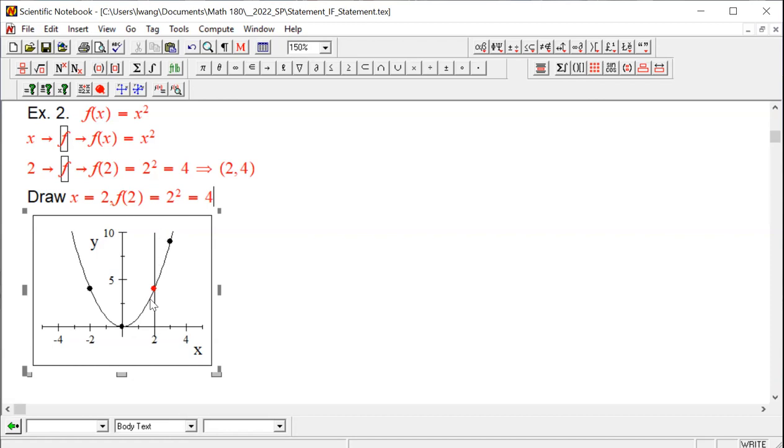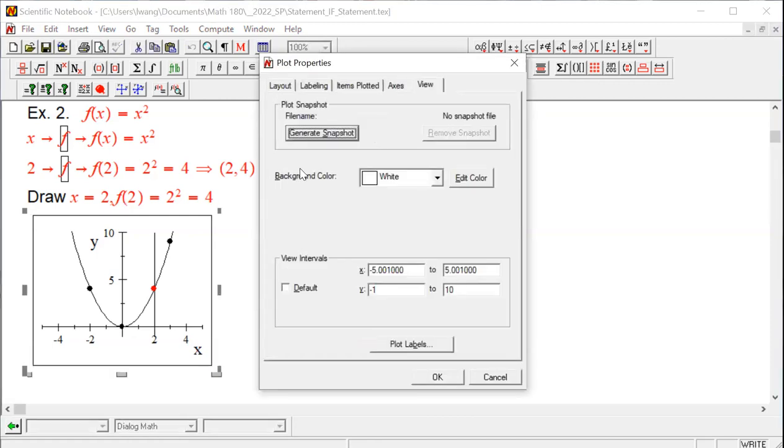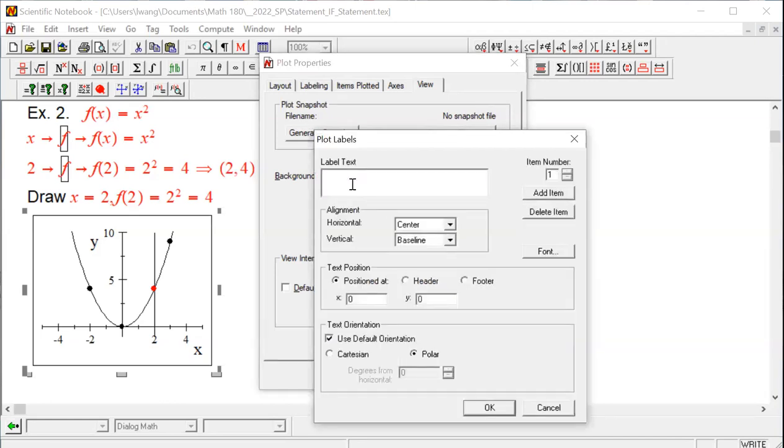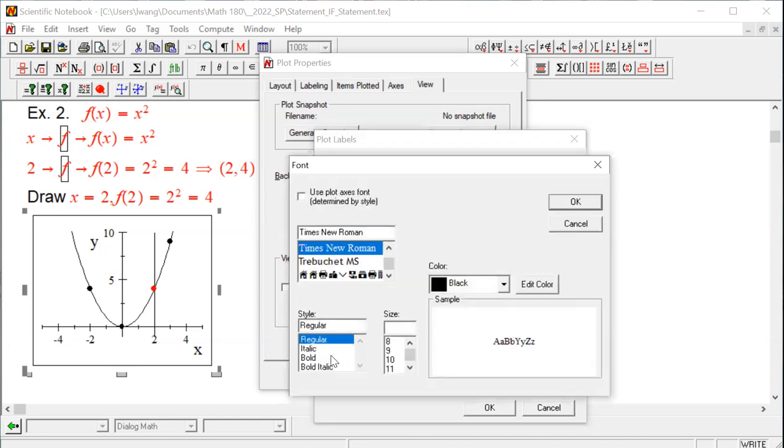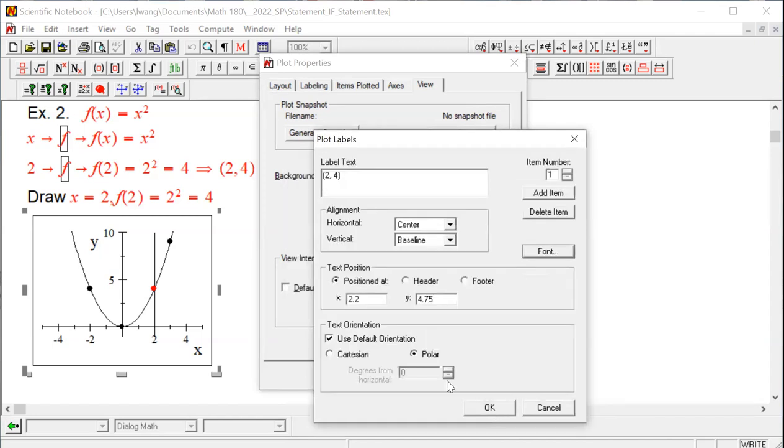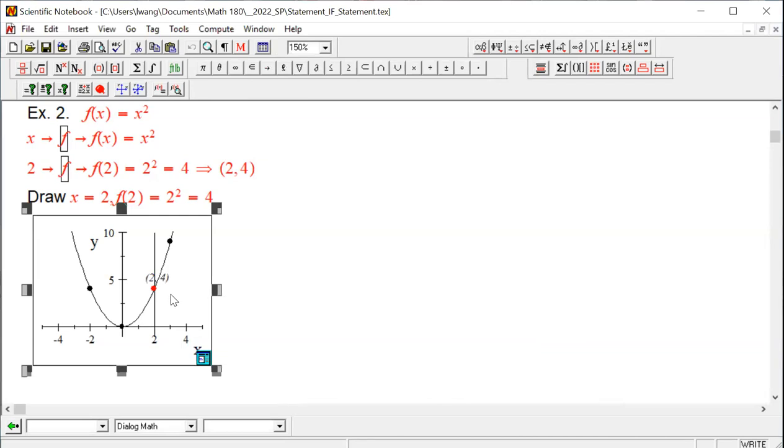So the crossing will tell us exactly what the input is and what the output is. We just want to make sure we mark the point properly: (2, 4).